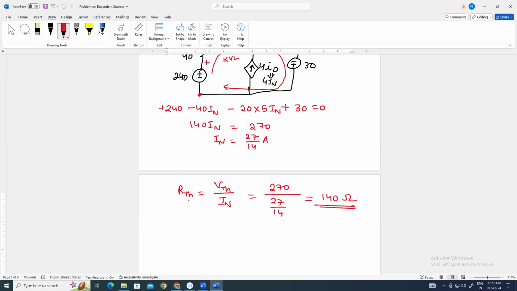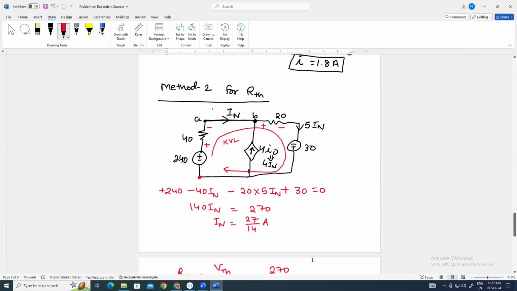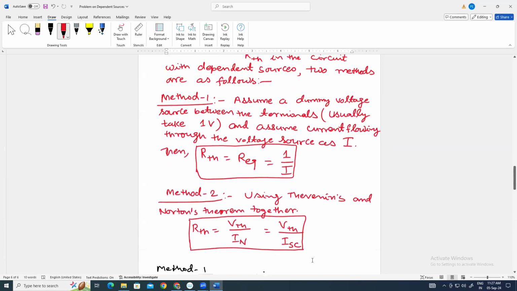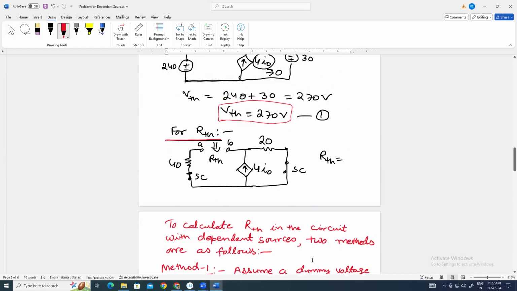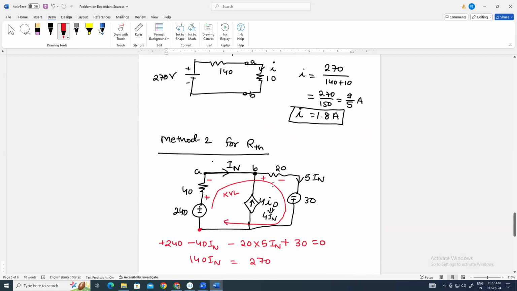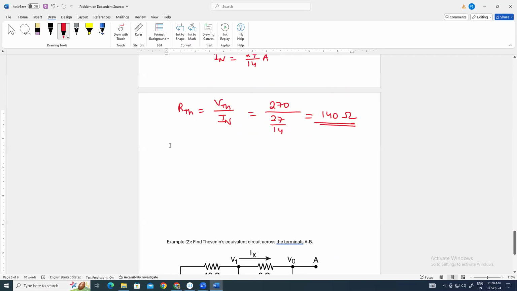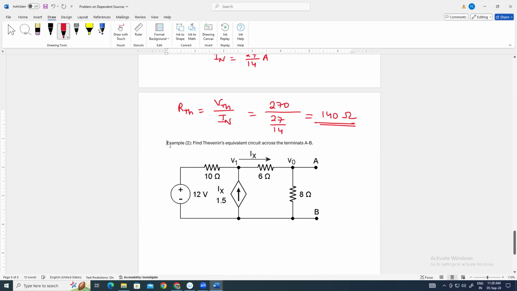Okay, so we have seen how to calculate RTH in the circuit. I have taken another example for your better understanding.